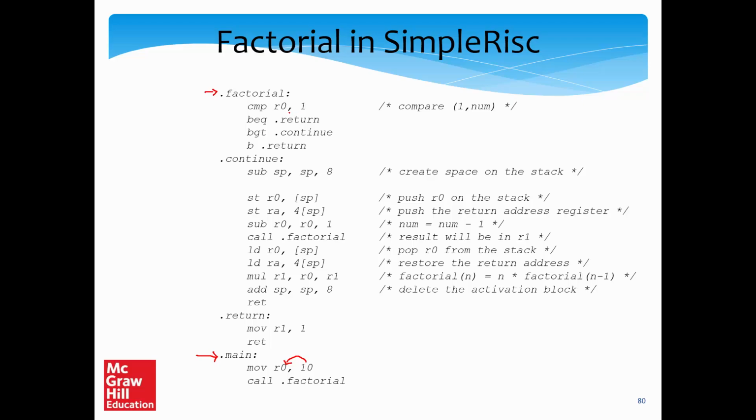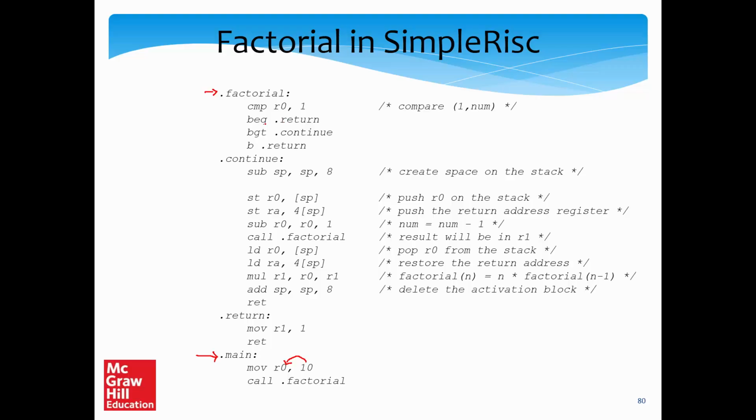So let's first test for the base case, whether we should continue the recursion or not. As we shall see here, we compare the number that's coming in, the argument R0, with 1. If there is equality, it basically means that R0 is equal to 1, so we can just return.